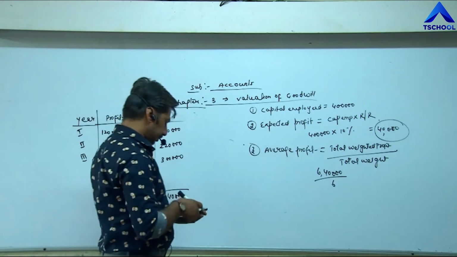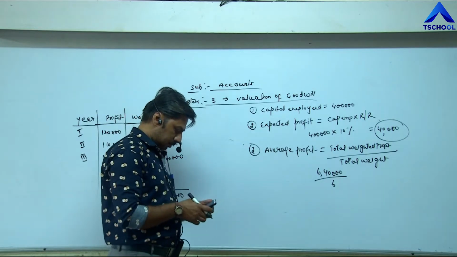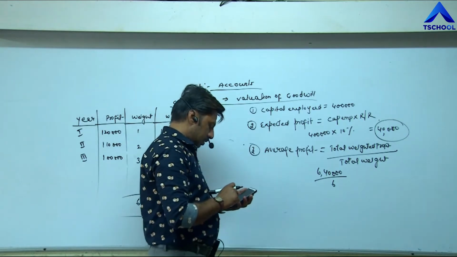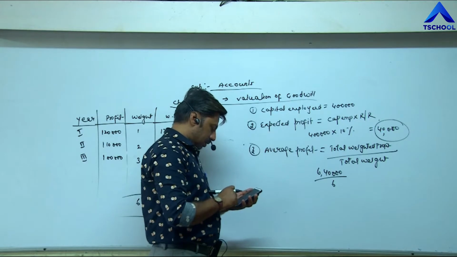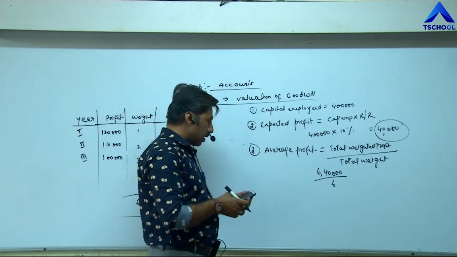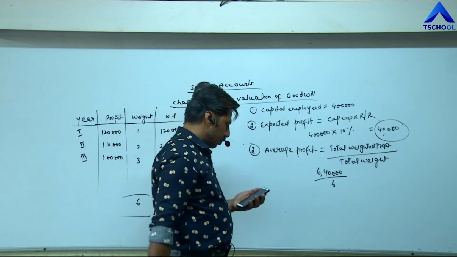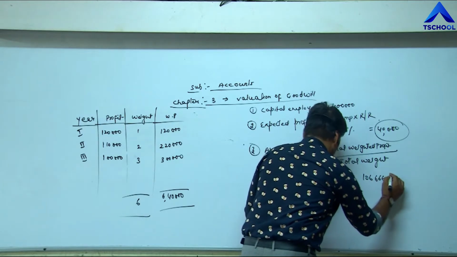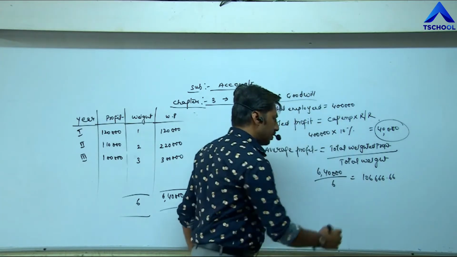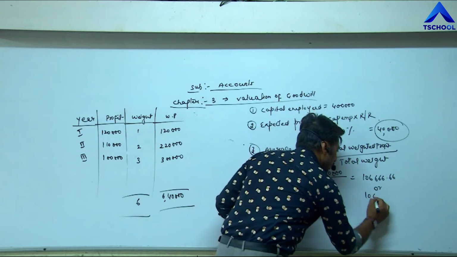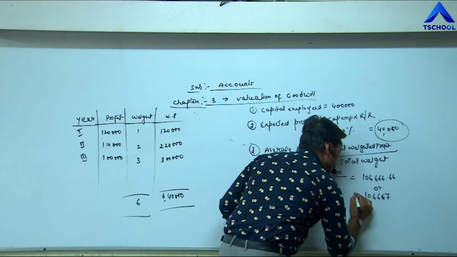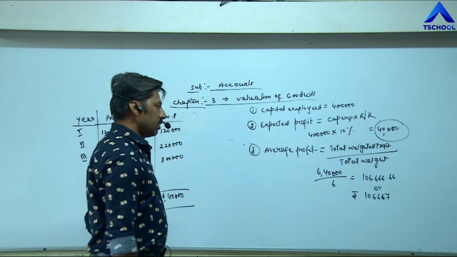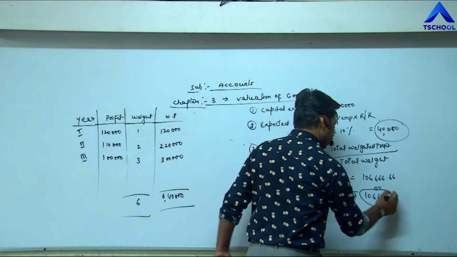So answer becomes 6,40,000 divided by 6 is equal to 106,666.66, or 1,06,667 rupees. 1,06,667 is the answer. Answer means average profit.